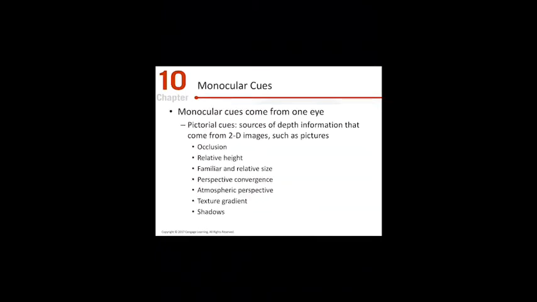So relative height goes on the principle where we know that higher objects appear further away. If we look at the frame of a photo, for example, it's going to correspond to the height in our field of view. Being higher in the field of view means that objects on the ground appear farther away, and being lower in the field of view causes objects in the sky to appear farther away.